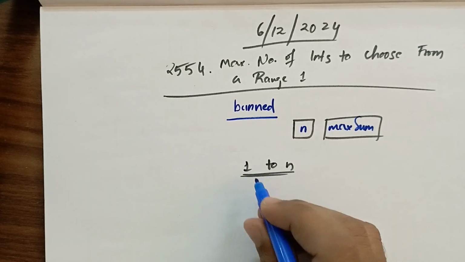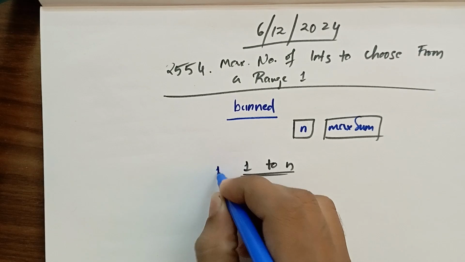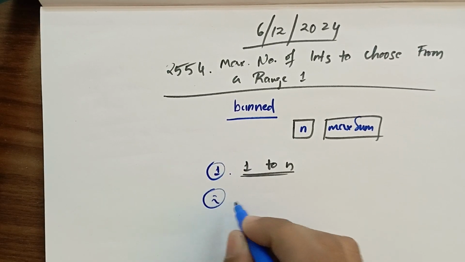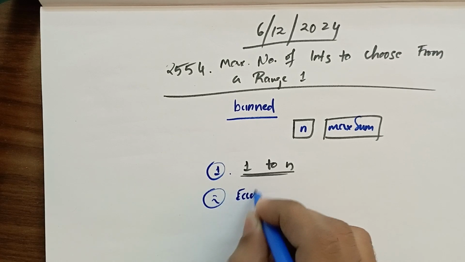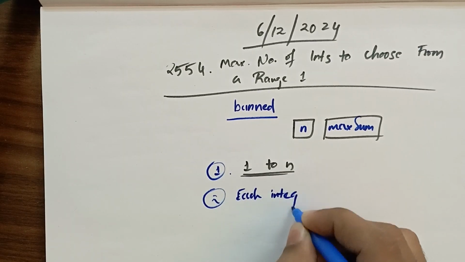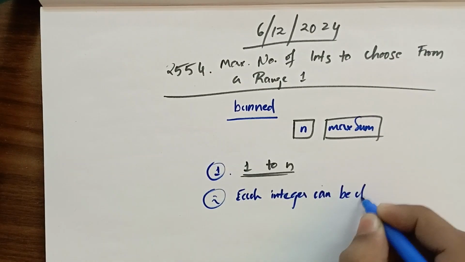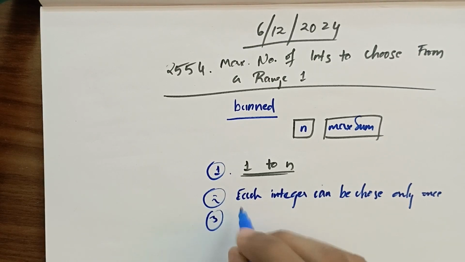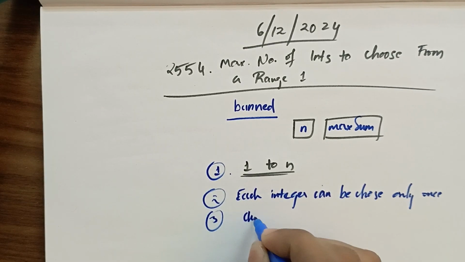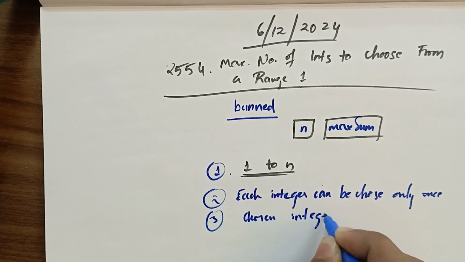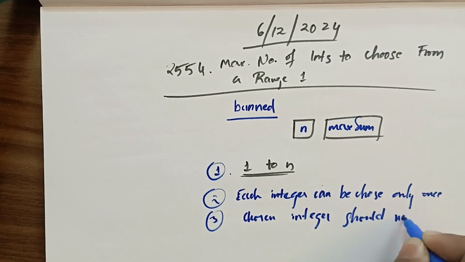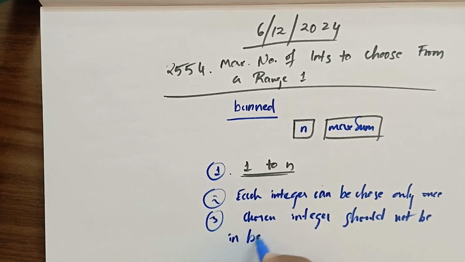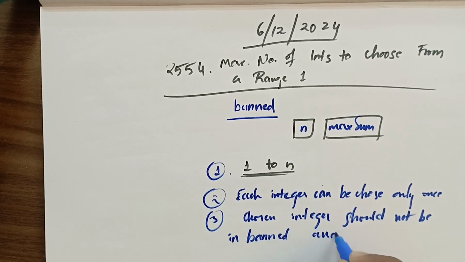This is the first condition, and the second condition is each integer can be chosen only once, and the third condition is the chosen integer should not be in band array, and the fourth condition is the sum should not exceed maximum sum.